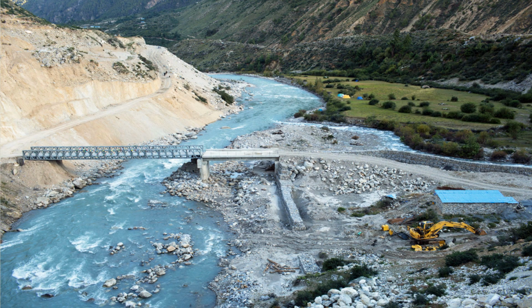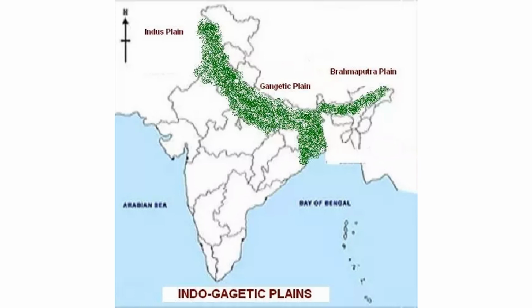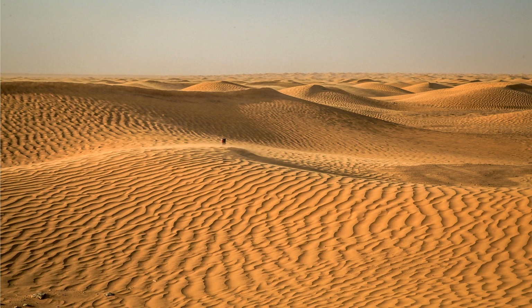That's again Himalayan area, but it is not snow-clad all the time. The third one, the Terai, is a low land where the Himalayan rivers flow into the plain. So it is more like a meeting of the Himalayan hills with the plains. The fourth zone is the Gangetic and the Brahmaputra plains, which are very fertile zones. The fifth one is the Thar desert of Rajasthan. It's an arid desert.